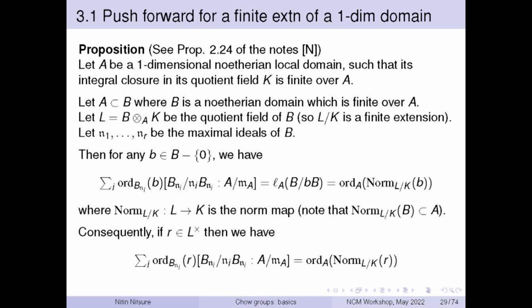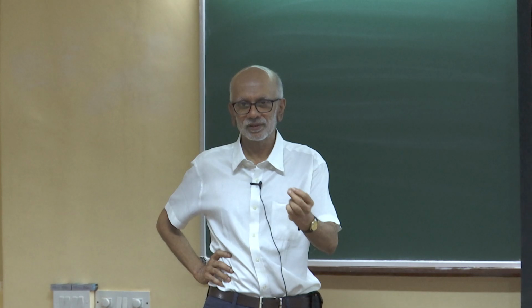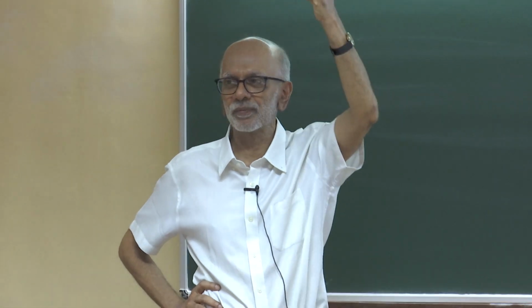We began the whole idea of order of vanishing by appealing to discrete valuation rings. And over discrete valuation rings, it's very easy to do your local algebra. Now, if you have some one-dimensional domain, which is not a discrete valuation ring, you take its normalization. It won't be local, it will be only semi-local. That prime will split into a number of primes.